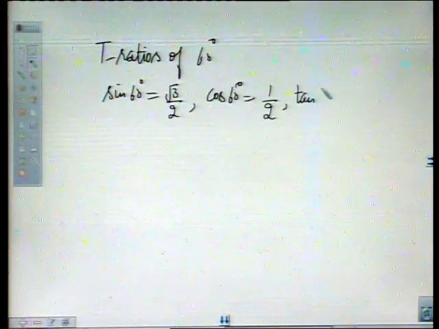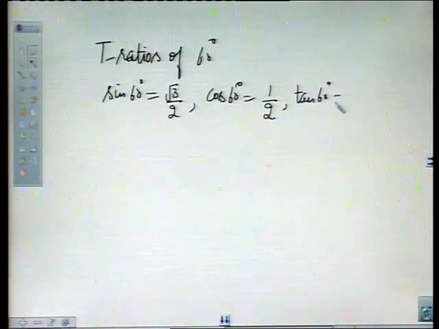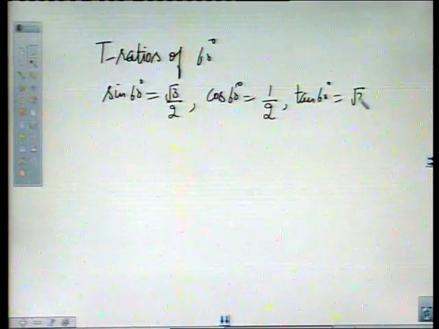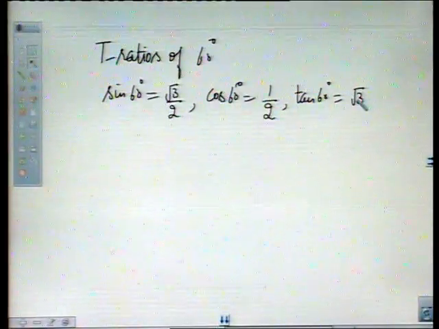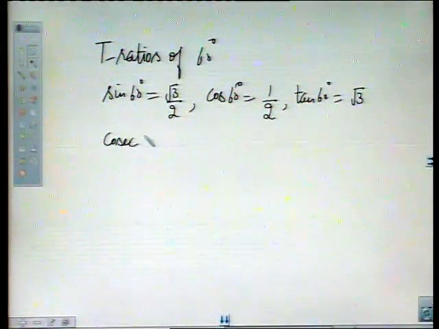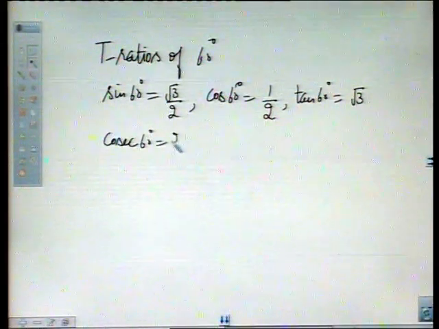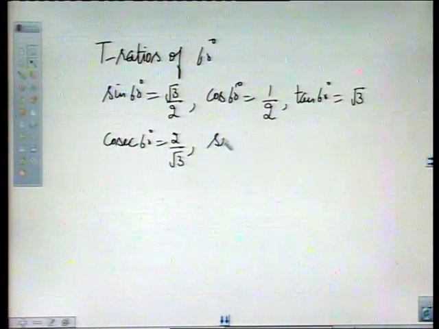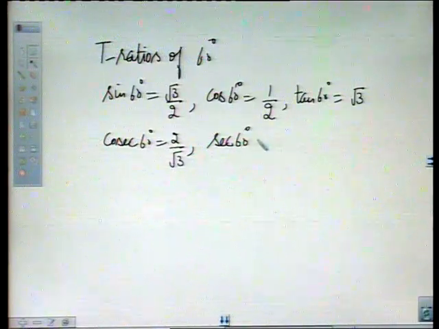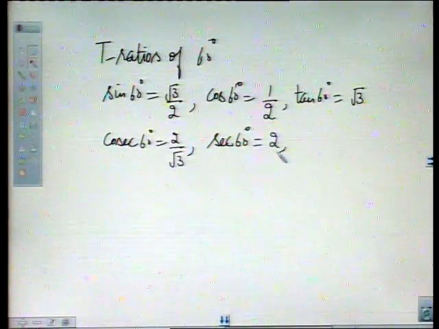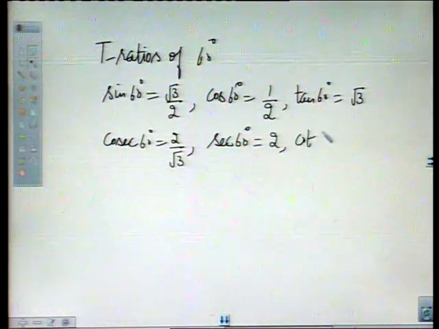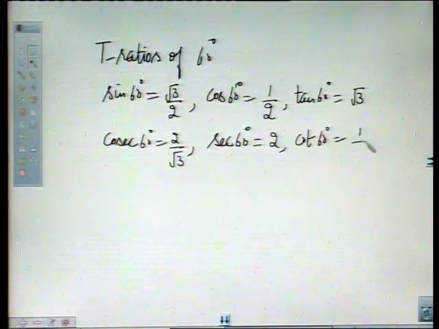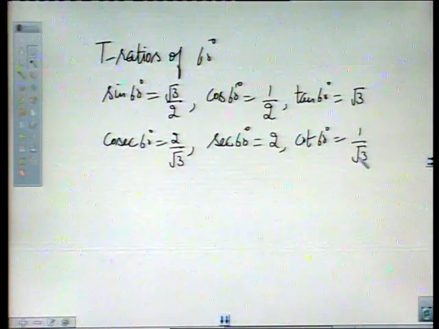Value of tangent 60 is under root 3. Reciprocal of sine is cosecant 60. This value will be 2 over under root 3. Then from cos we get the value of secant 60, that is 2, and value of cot 60 as 1 over under root 3.